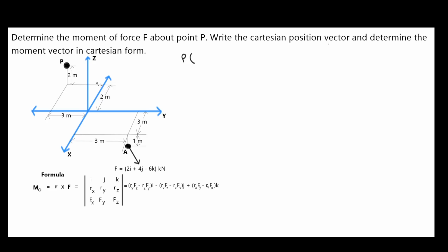So you see point P, we're going to have a negative 2 x value, a negative 3 y value, and a positive 2 z value. Now for point A, we're going to have a positive 3 x value, a positive 3 y value, and a negative z value of negative 1.